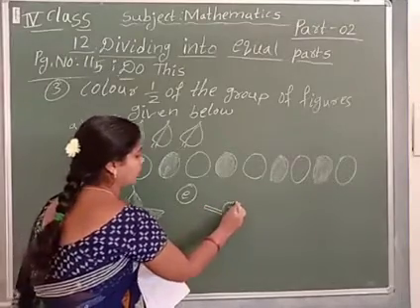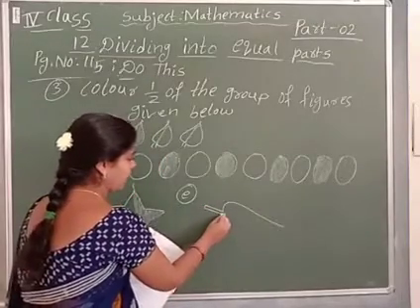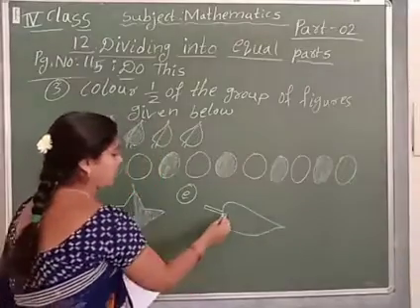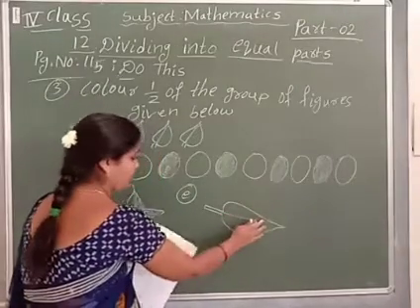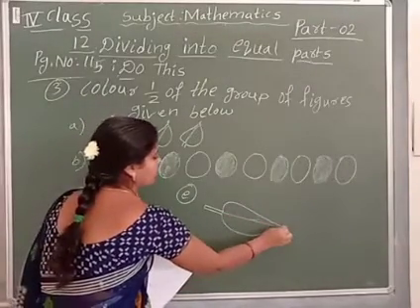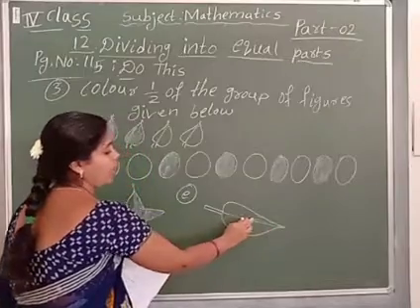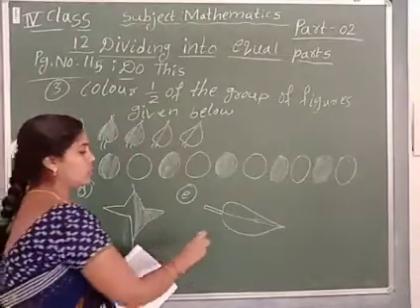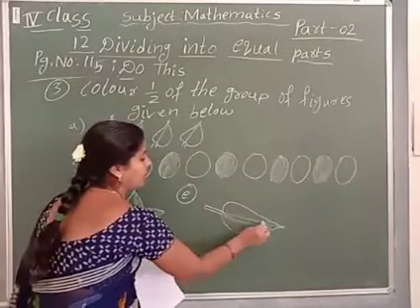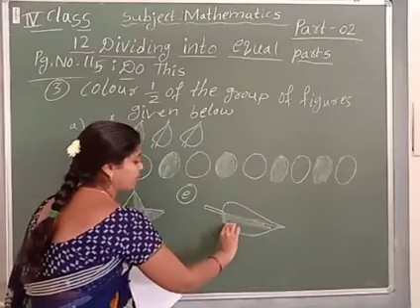Here also there is one big leaf. Big leaf. Okay. So half part means here already there is one line. So you will shade the half part.